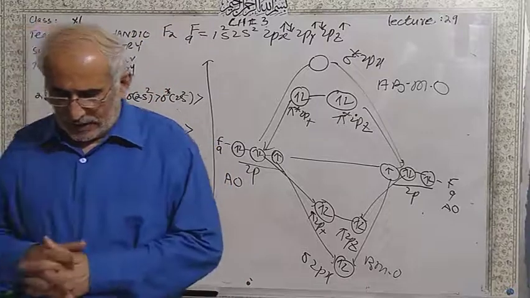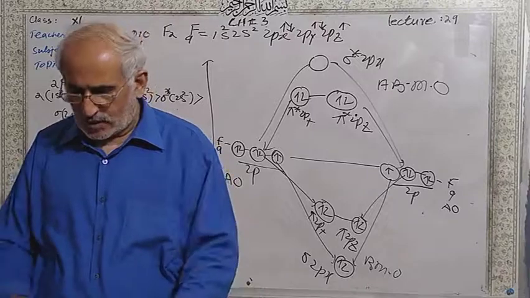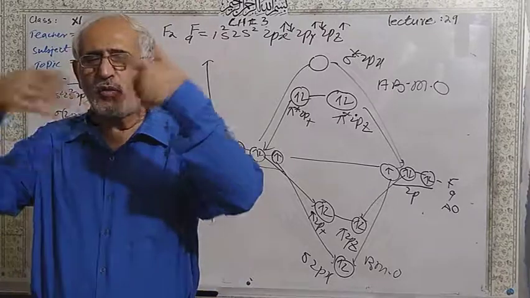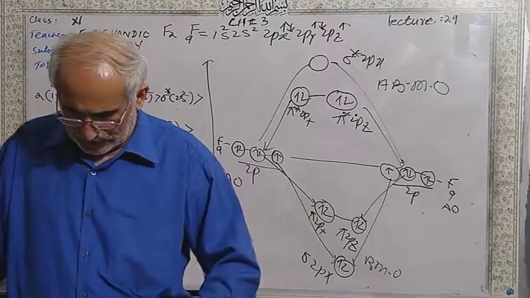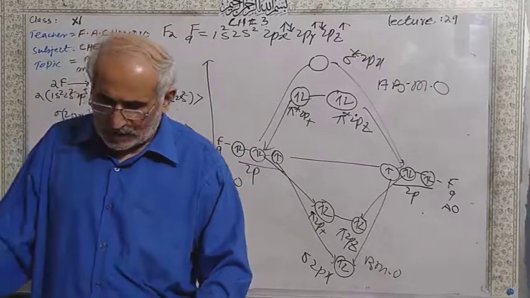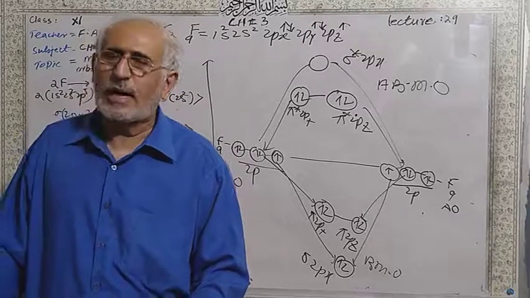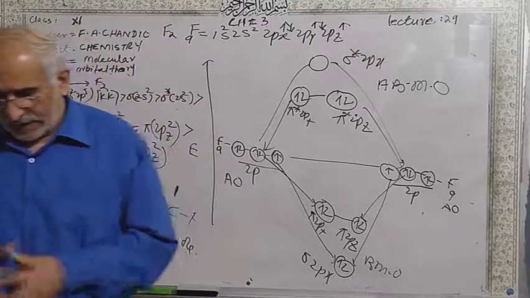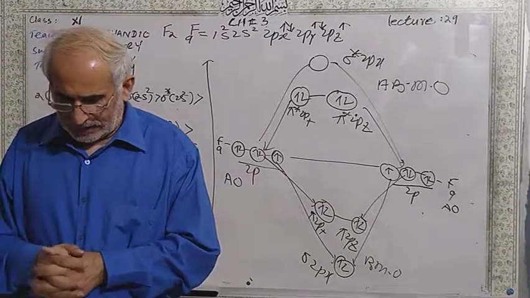Differences. Valence bond theory only involves the valence electrons, but in molecular orbital theory you can involve all the electrons present, starting from 1s. In valence bond theory the atoms do not lose their individual identity, but in MO theory the two atomic orbitals lose their identities.